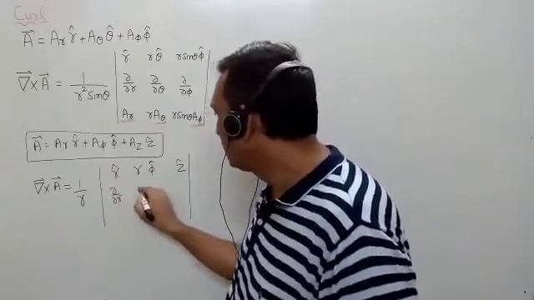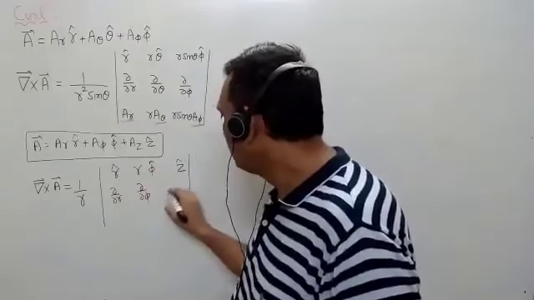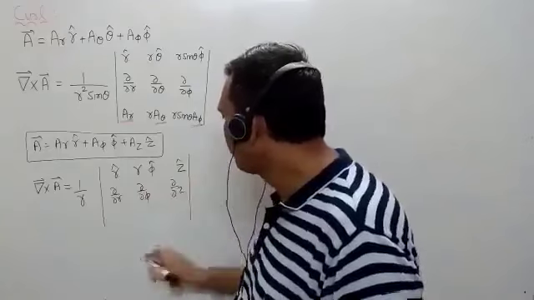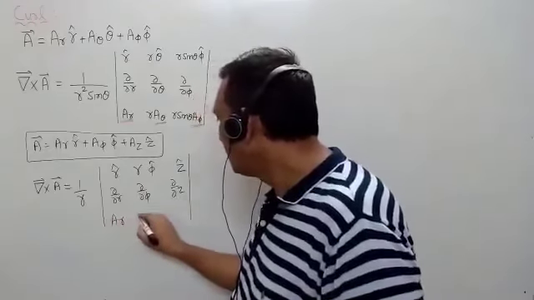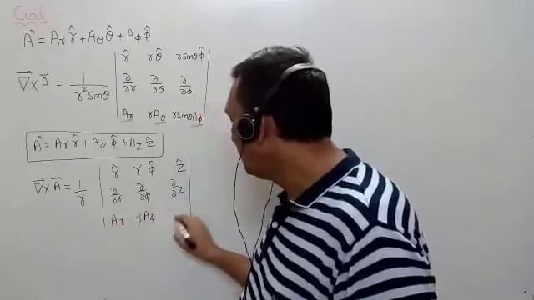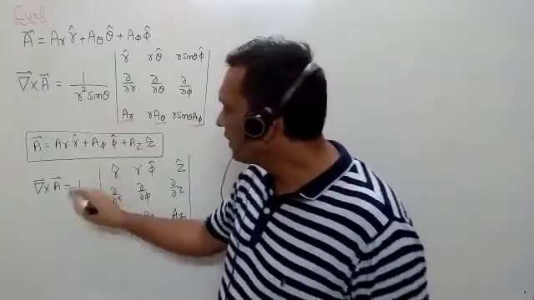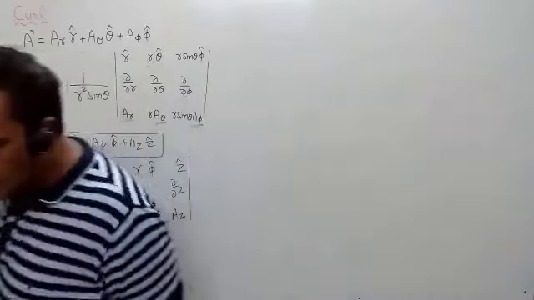Then this row is del r, del phi and del z, and then Ar, r into A phi and Az. So in this case, you have to multiply with 1 by r.